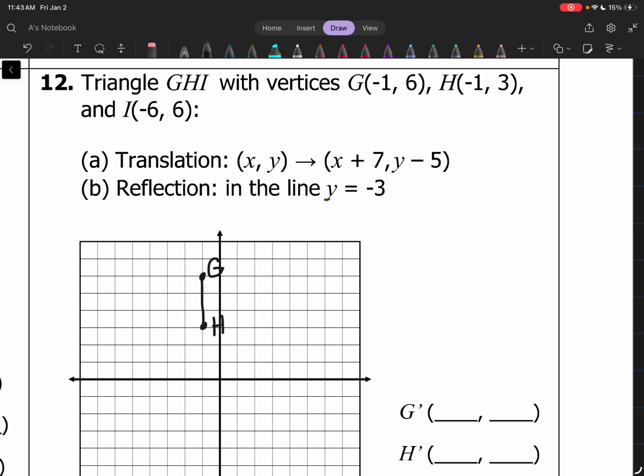And I have I, -6, 6. There's my triangle. This whole set of values is my pre-image. Now, since this has two transformations, our next one is going to be an image.